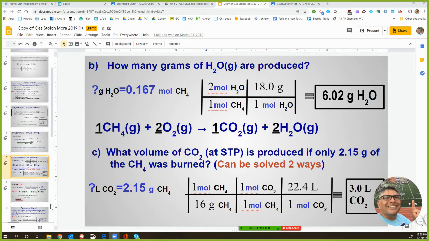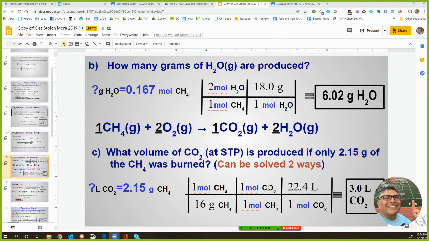Okay, so it says what volume of carbon dioxide at STP is produced if only 2.15 grams of the methane was burned. And we want to find out how many liters of CO2. This is one way we can do it. Just some simple stoich. Remember, we're going to use a periodic table, so it's 16 grams for every 1 mole of methane. We do our mole to mole ratio. In this case, it's 1-to-1.